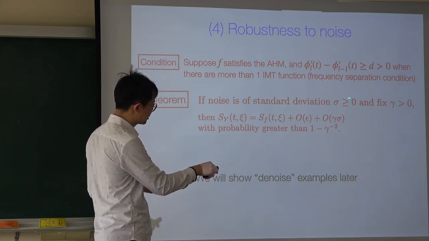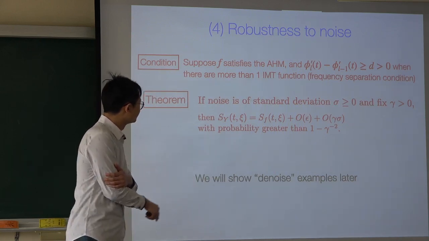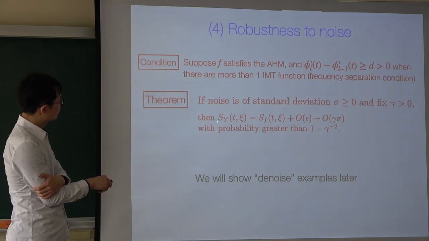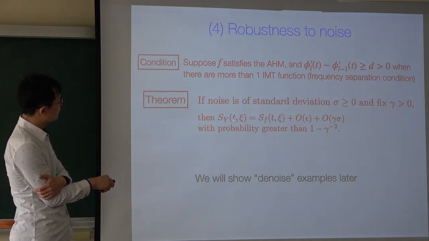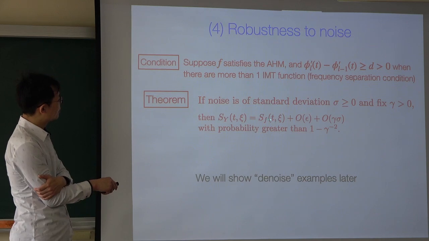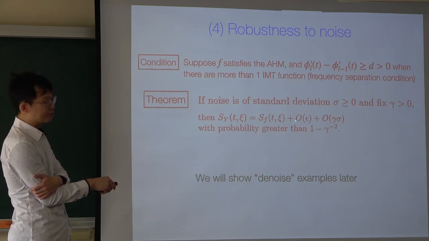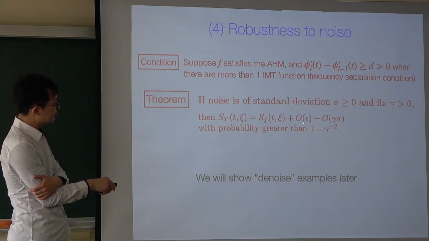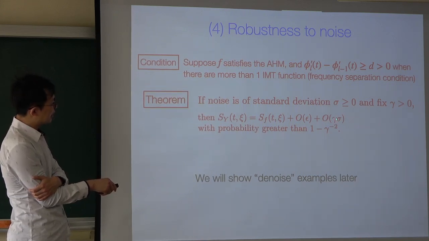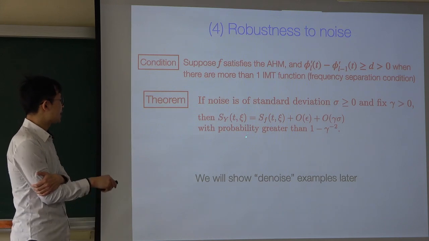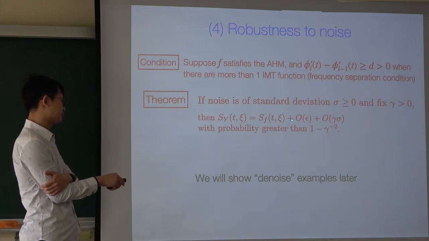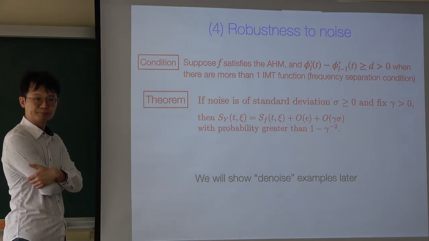When it's 0, there's no noise, right? And you fix some gamma. Then the synchrosqueezing transform of the noisy data at time t and frequency ξ will be equivalent to SF plus some error of order epsilon, which comes from approximation, and this gamma sigma comes from noise, with high probability, where the probability is greater than 1 minus gamma to the power of minus 2.